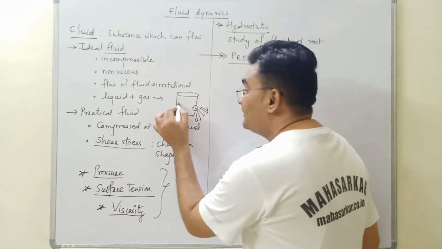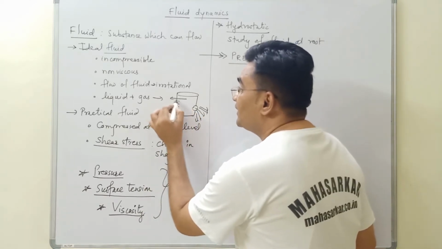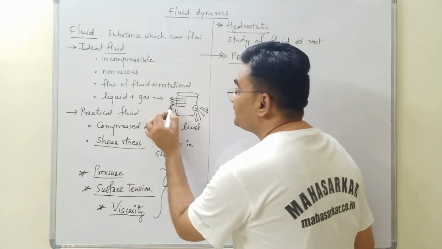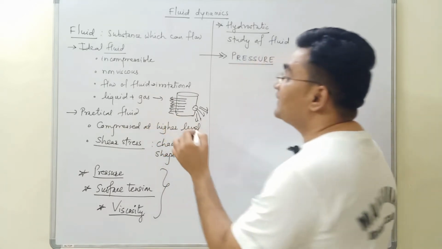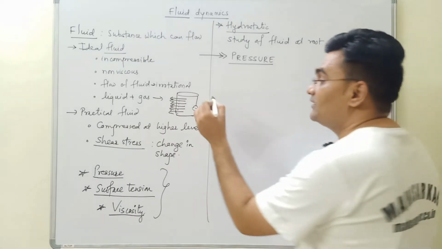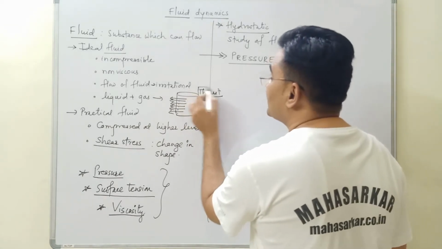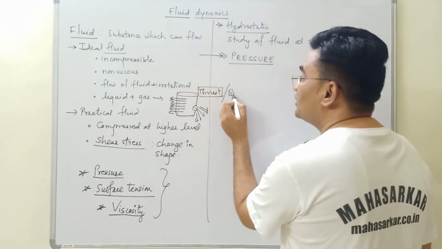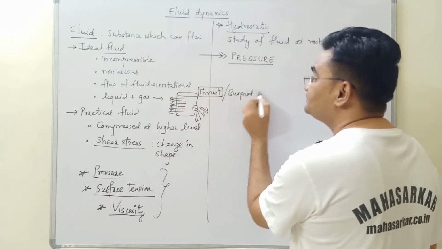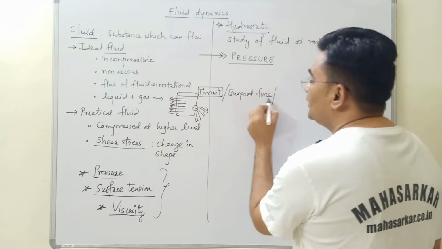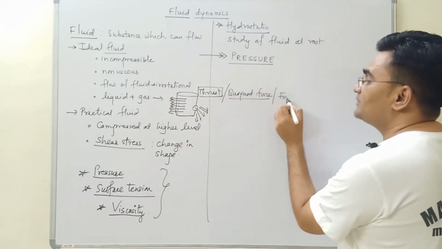Because every particle of water is exerting force on the wall of the container. That force which is exerted by that particle of the material, we call it thrust. We call this buoyant force also.